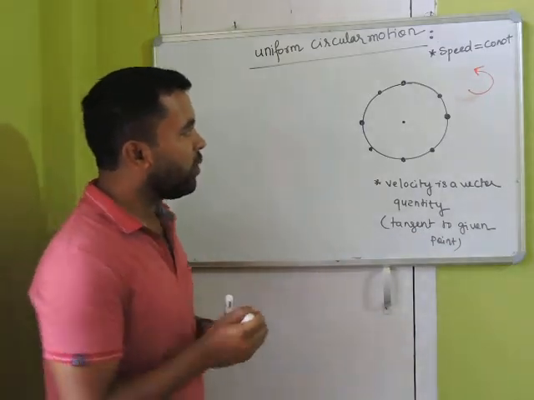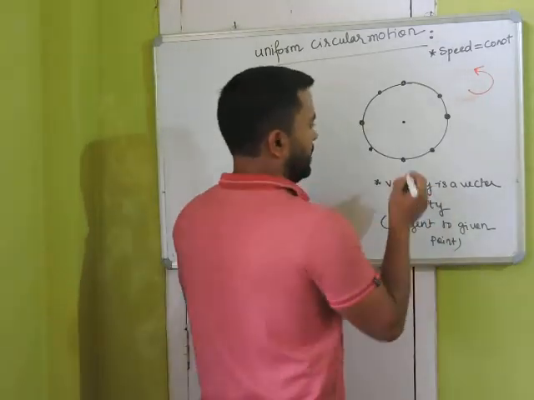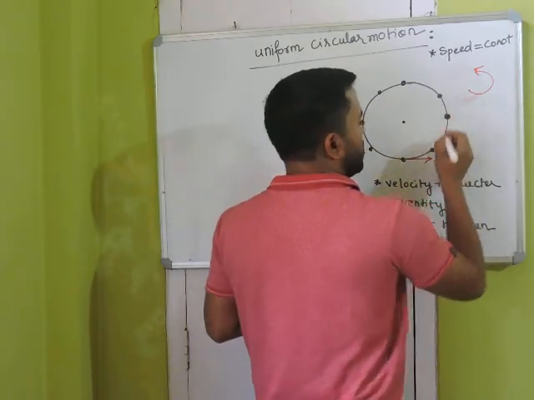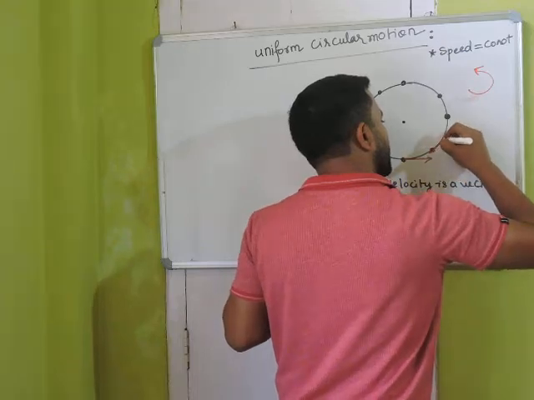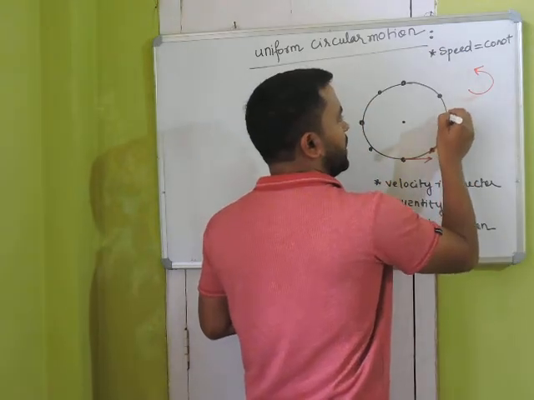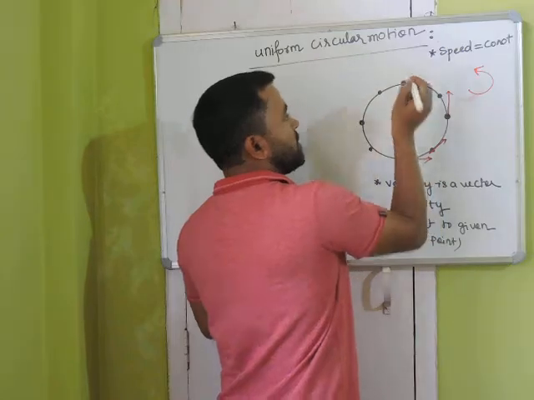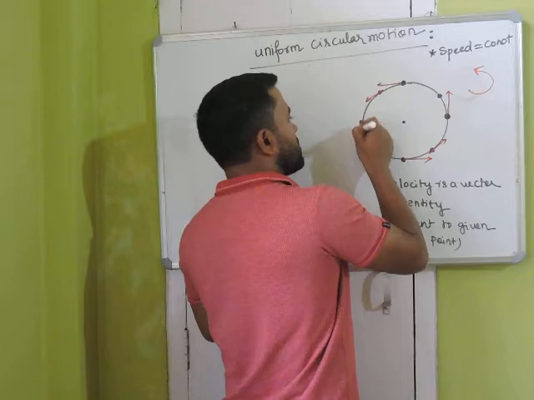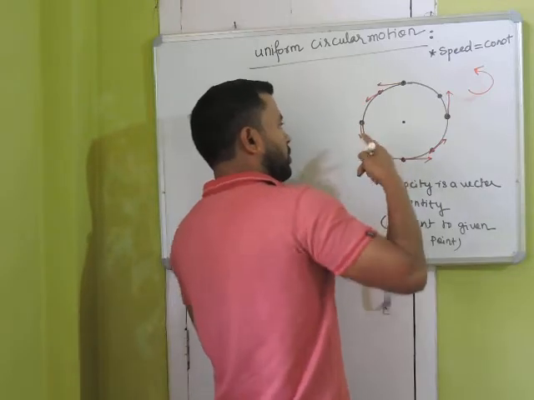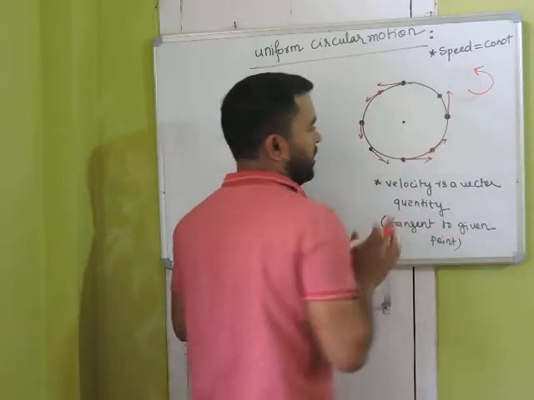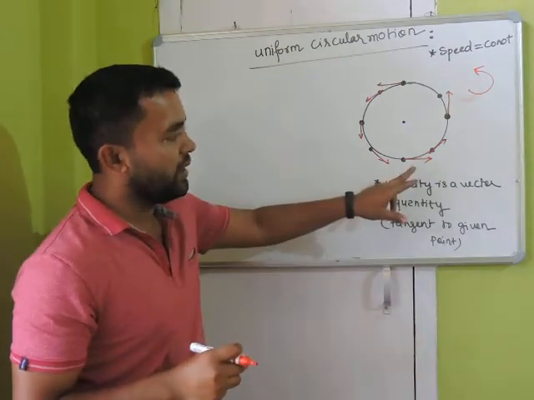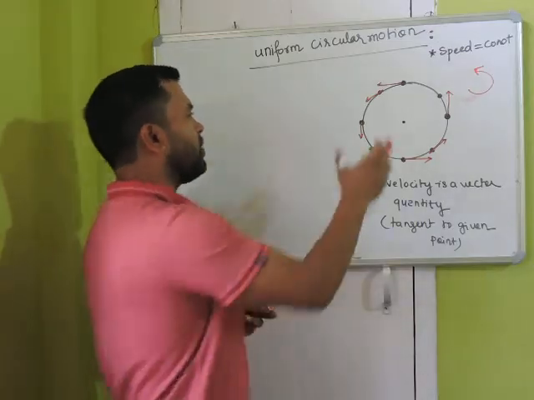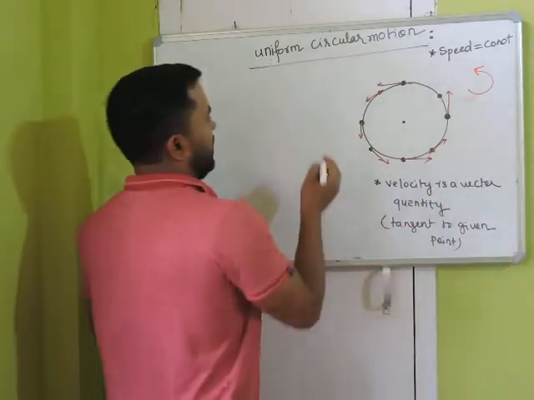At any point, suppose the stone is here, you draw a tangent, and this is the direction of velocity. If the stone is here, this is the tangent. If the stone is on the top, this is the tangent, and so on. At each point, if you ask me what the velocity is, I have to draw the tangent at that point.